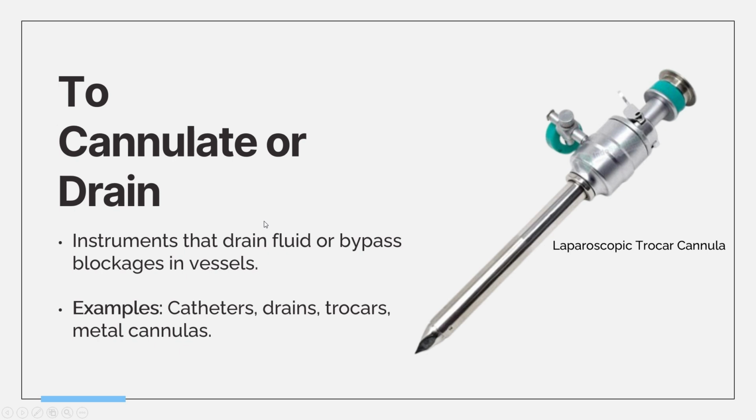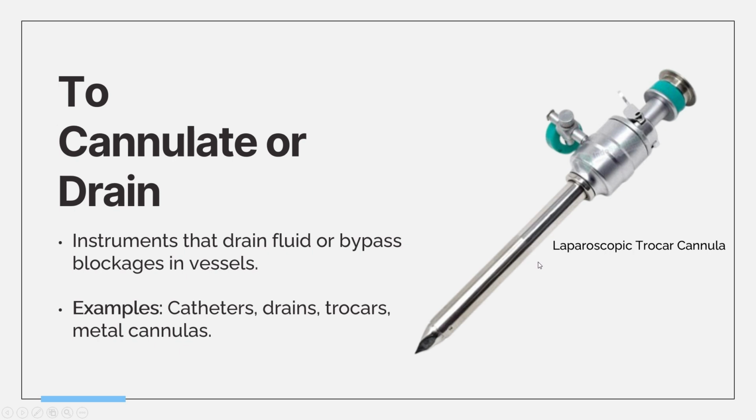Next, we have instruments that cannulate or drain. So cannulas and drainage tubes are examples, and they're used to insert into body cavities to allow fluid drainage or access for other procedures. As an example here, we have a laparoscopic trocar cannula, which is used in laparoscopic surgeries.